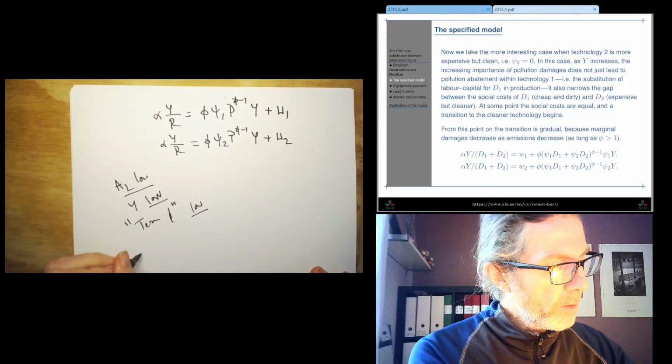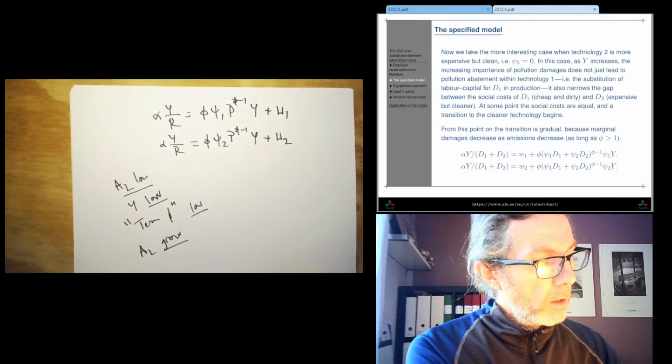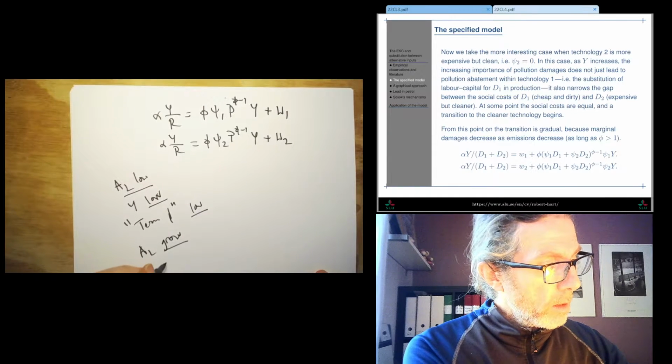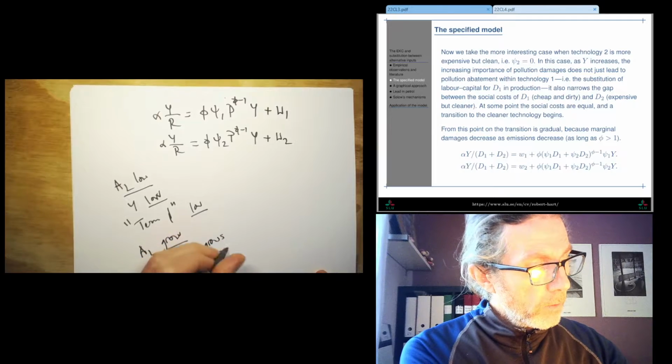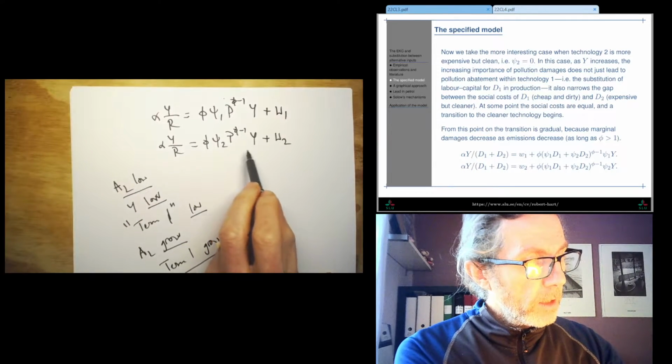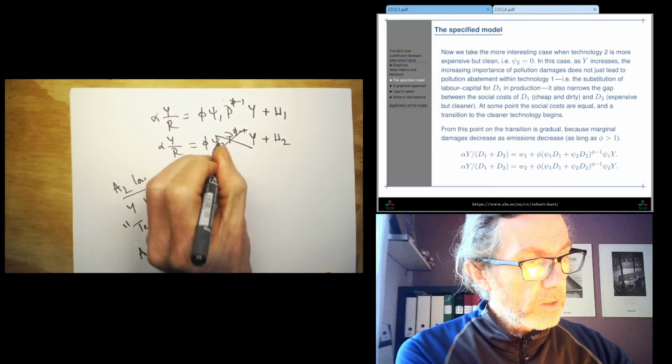Okay, but then let AL grow, term 1 grows, but here psi2 we said was 0, this one is clean.